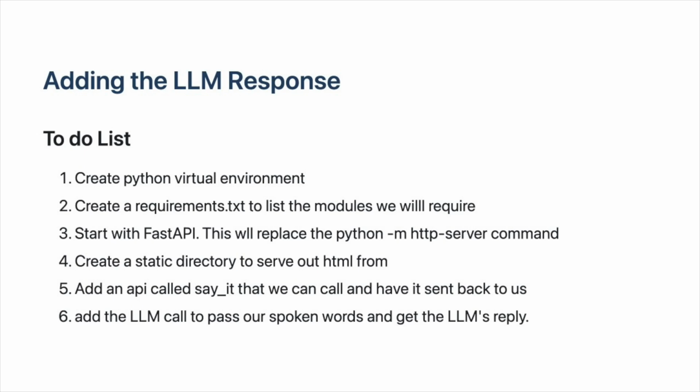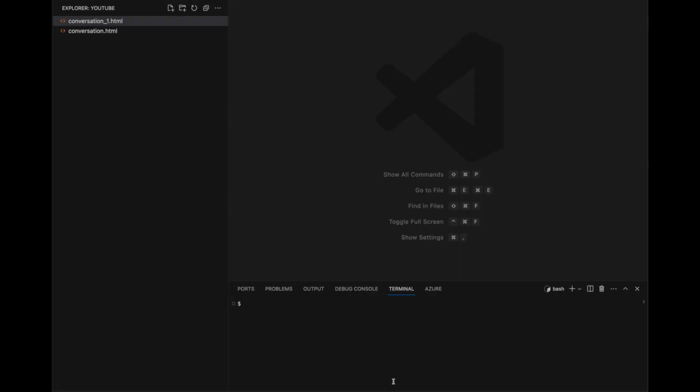Okay, let's do it. Start off from the same directory as our current project, where we've implemented the copycat voice, speech recognition and speech synthesis. And for the first step, we're going to create our Python virtual environment, and then venv.